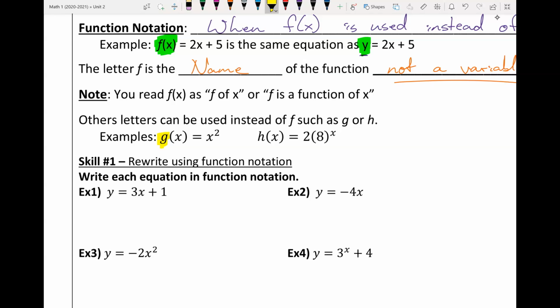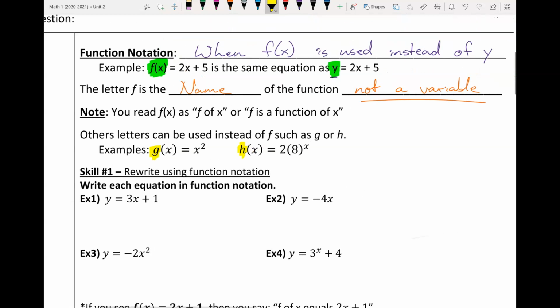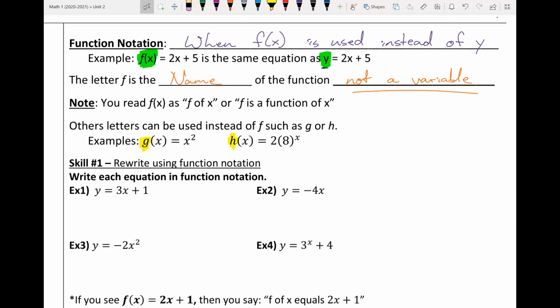We can have g, we can have h. Again, these are just the names of the function. This becomes very, very useful when we graph, use something like Desmos to graph our functions, and we actually name multiple different functions that we're working with. That's what makes function notation very useful, and then we're able to recall that function later on.